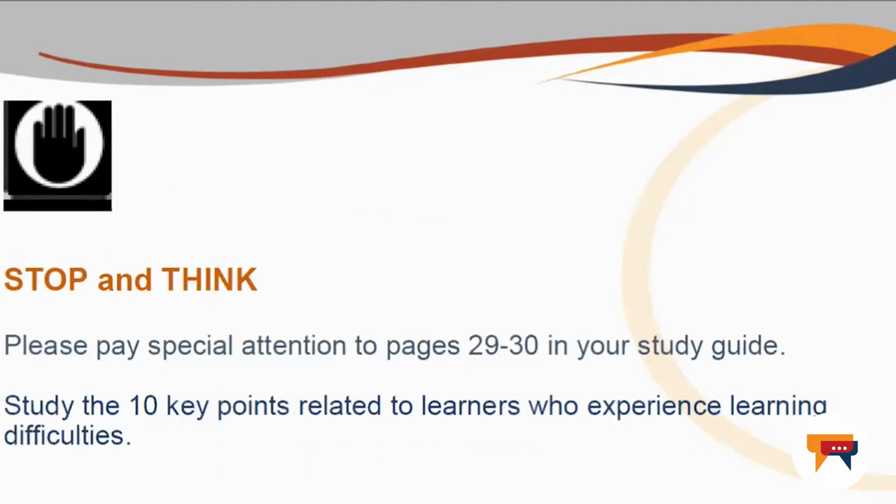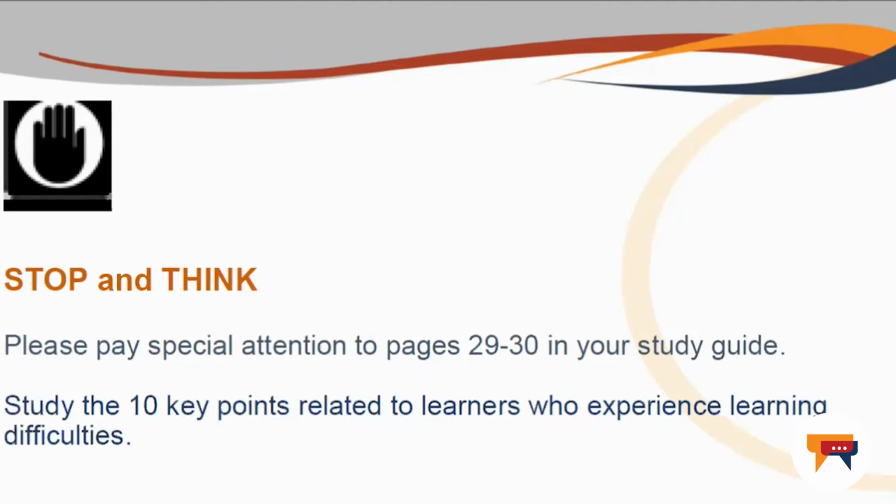Now, in the next section of your study guide that focuses on theme B, barriers to learning, we have given you a set of key points. There's 10 key points that we highlight regarding learners who experience learning difficulties or obstacles or barriers to learning.